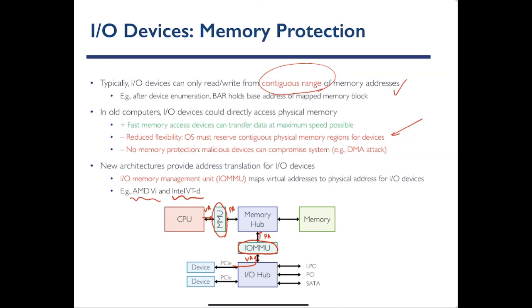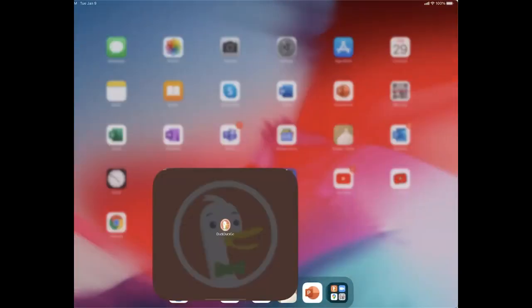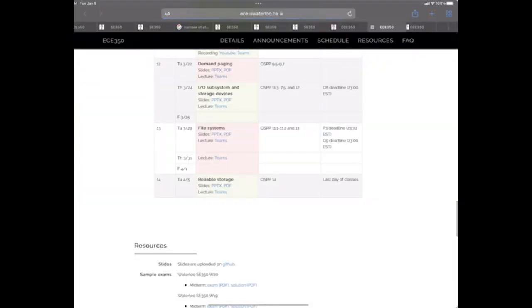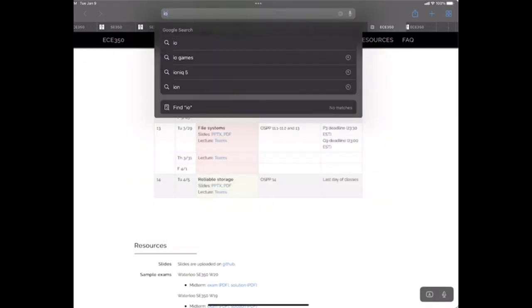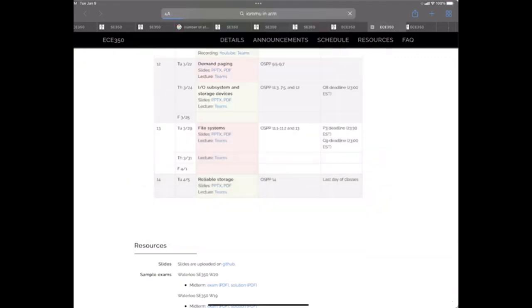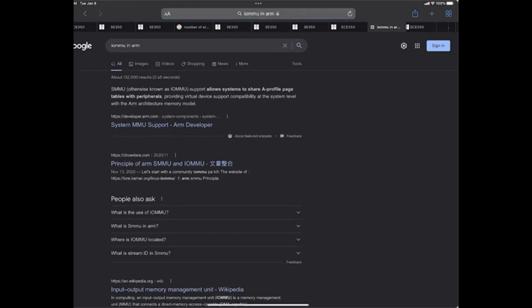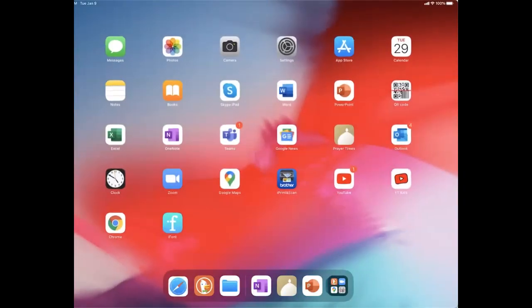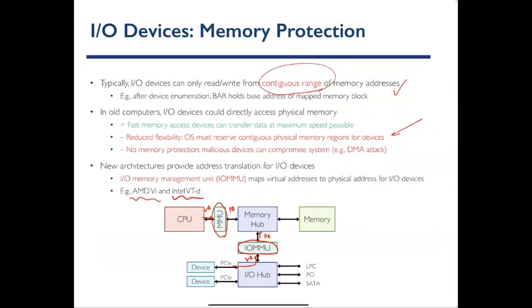It's called SMMU, System Memory Management Unit. That's the name for the ARM architecture. But in x86, it's called IOMMU.